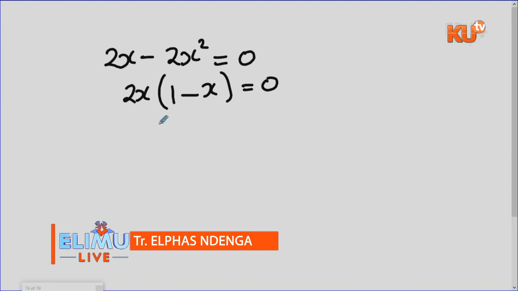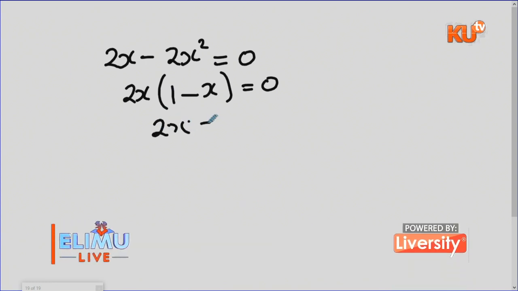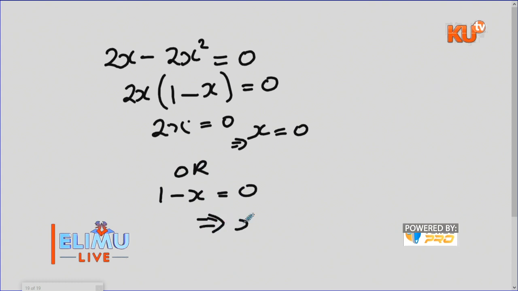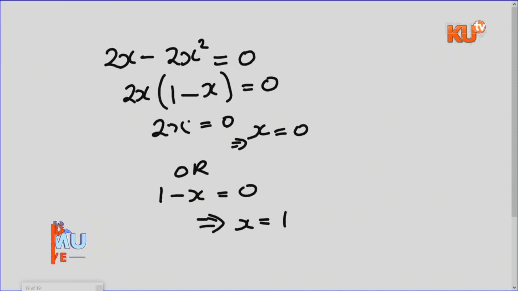In this case, it definitely tells you if 2 numbers have a product of 0, then one of the numbers has to be 0. So in this case, 2x can be equal to 0, implying that x is 0, or 1 minus x is equal to 0, and this will imply that x is equal to 1.